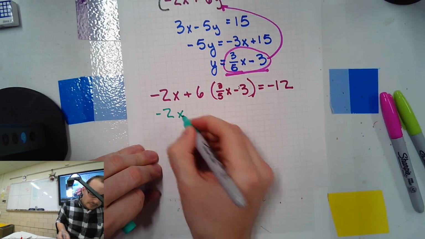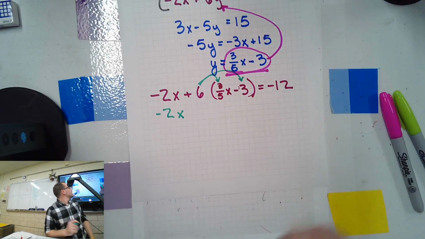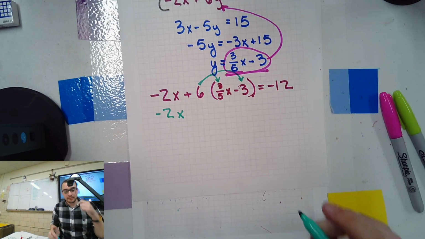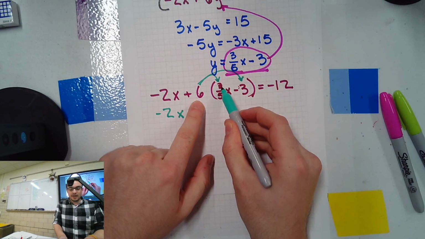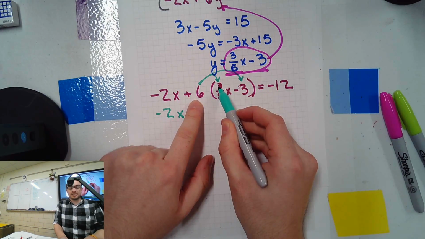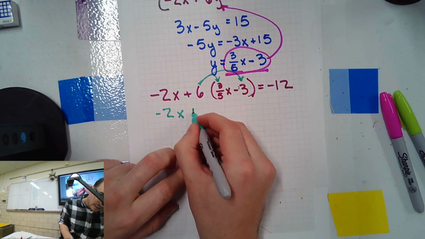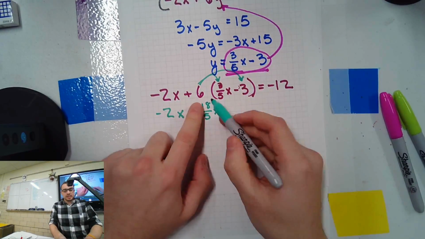Negative 2x. The 6 is going to get distributed. Let's do it. 6 times 3 divided by 5. What's 6 times 3? 18. 18 divided by 5. 18 over 5. What's 6 times negative 3?